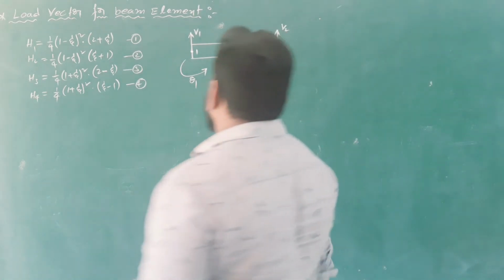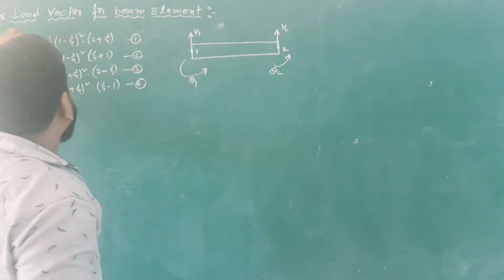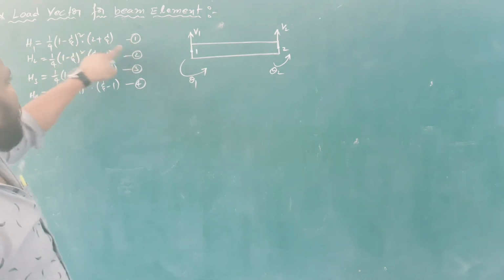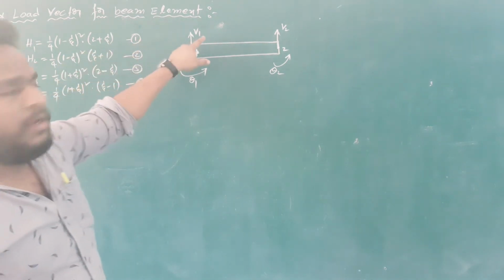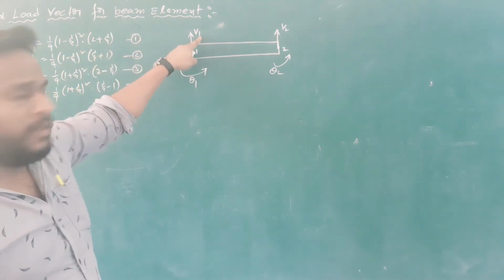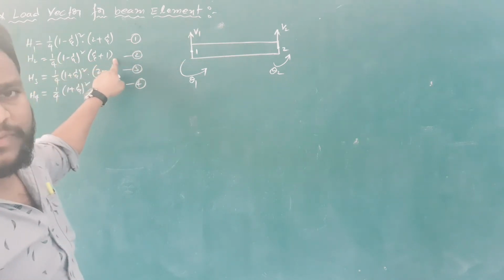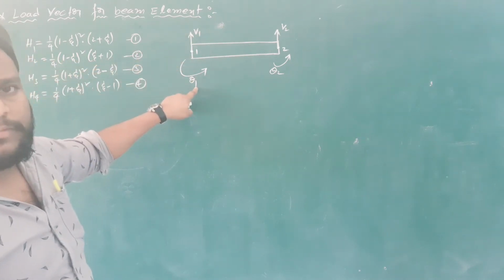Now, the shape function h1 belongs to the linear displacement V1. The Hermite shape function h2 belongs to theta 1.